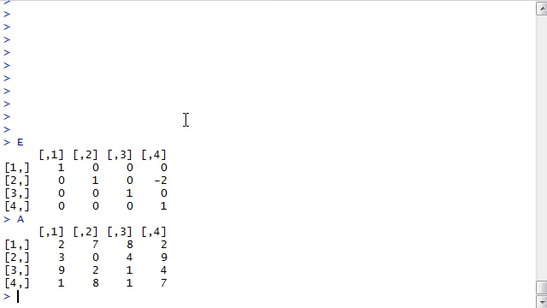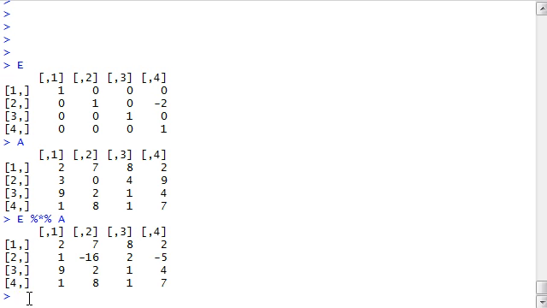So let's consider a slightly more complicated case where I have a -2 in position 2, 4. Again, it's only the second row that's affected, and the second row is now equal to the second row of A, add to that -2 times the fourth row of A. So this element here, 1, that's 3 minus 2 times 1, so that's 1.